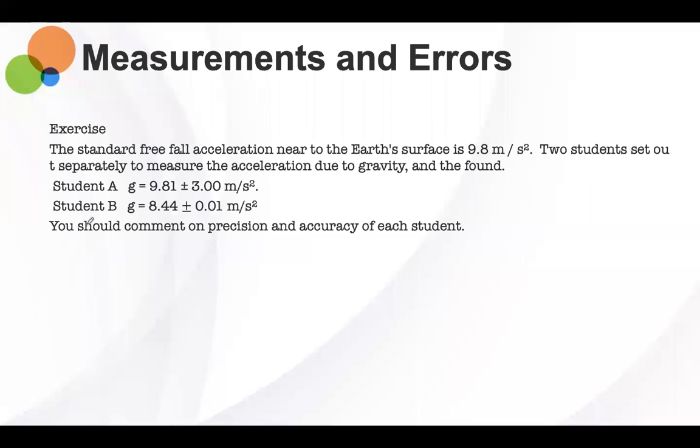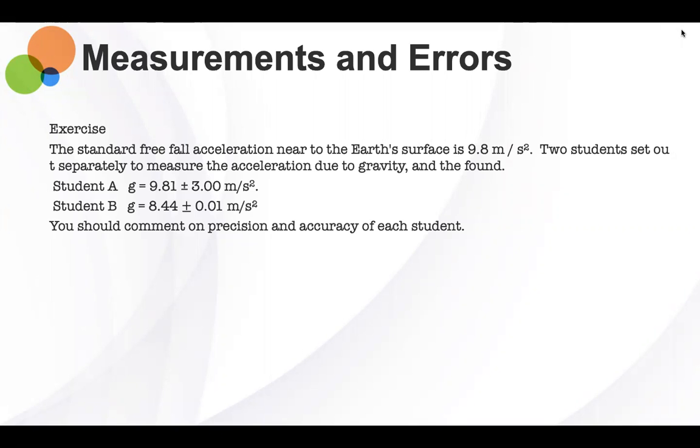Okay, so the standard free fall acceleration near the Earth's surface is 9.8, right? Agreed? Have you ever seen this before? Yes, sir. All right. 9.8 meters per second squared. Two students set out separately to measure the acceleration due to gravity.